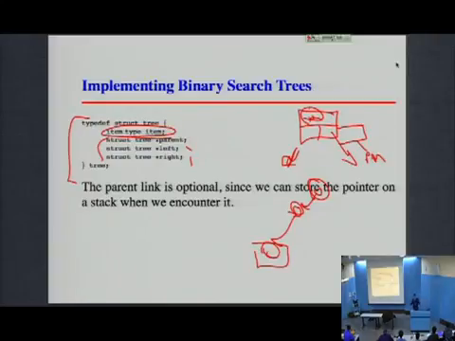If you had a node with amnesia, right? Oh my goodness, where did I come from? If it's got a parent pointer, it can go back to find its parent, right? If you don't have a parent pointer, you can't do that. I guess you can start at the root of the tree and search for yourself. That's I guess the way that you would find your parent. Any questions?